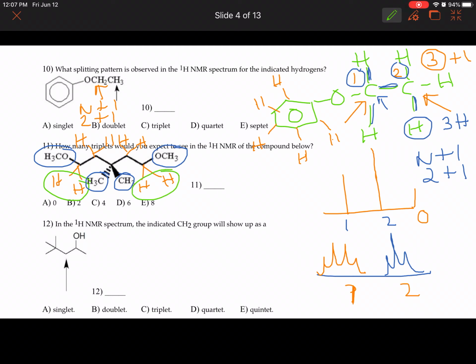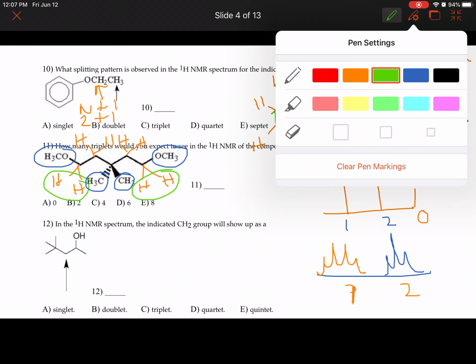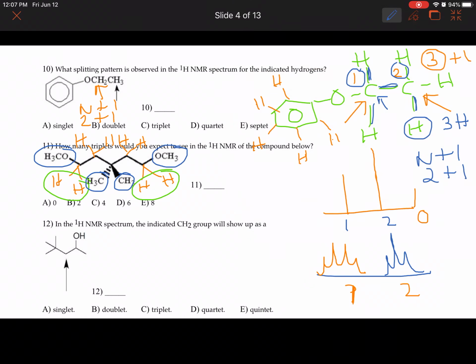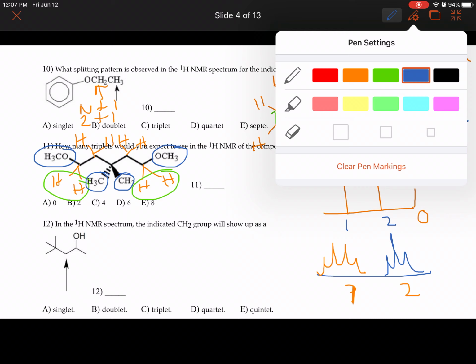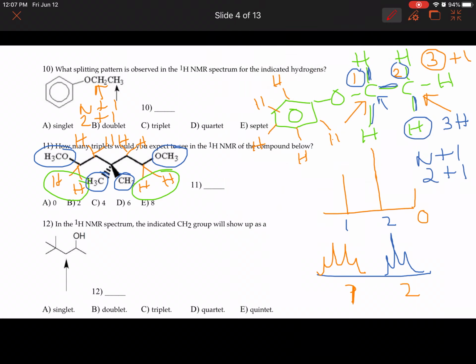Those 4 hydrogens are going to be chemically equivalent. And let's look at the other hydrogens. Red, let's use red. So these 2 hydrogens and these 2 hydrogens are going to be chemically equivalent, right?